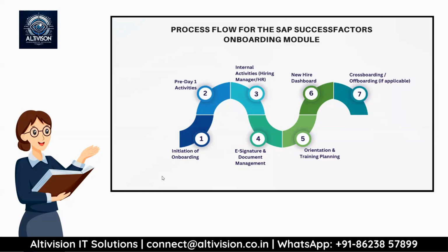If the offer is accepted and the candidate is going to join, it comes to onboarding. Once onboarding paperwork and e-signatures are all signed, it comes to Employee Central manage pending hires, and from there to Employee Central. This is the flow from RCM to onboarding and onboarding to Employee Central.